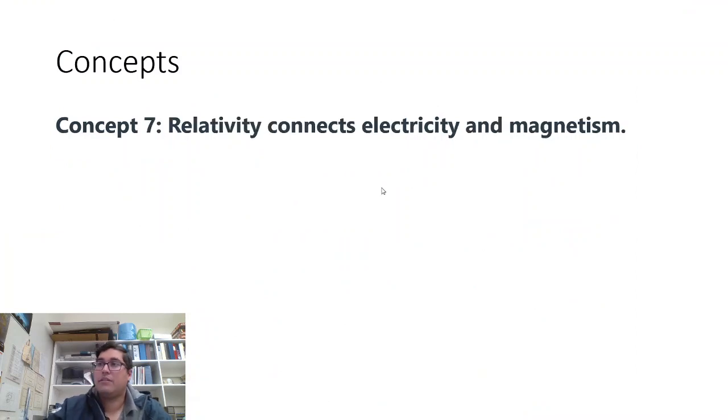And for the last concept, we have relativity connects electricity and magnetism. There's a really good diagram in the book that I don't know if I can really reproduce too well, but pretty much it's saying that you can consider two scenarios where you have a charged rod and a proton, and it will feel an attractive force if they're both at rest to each other.